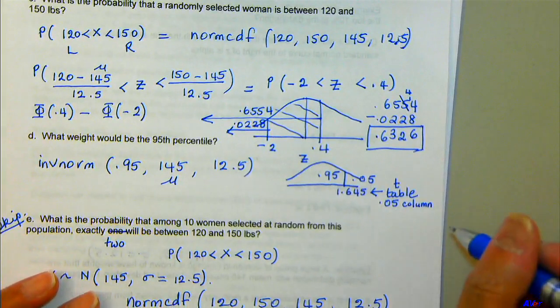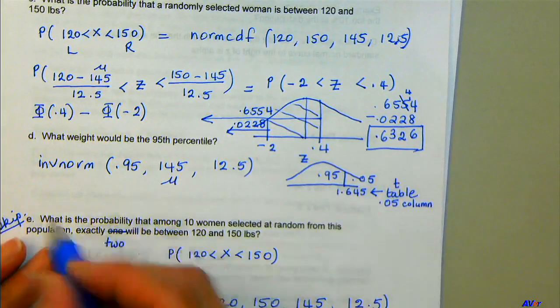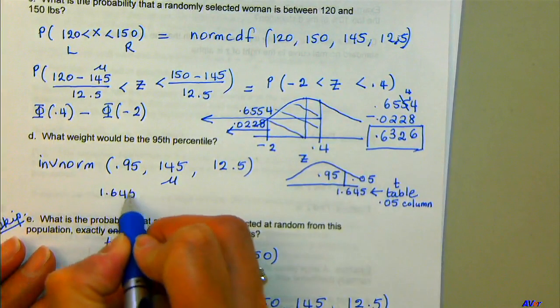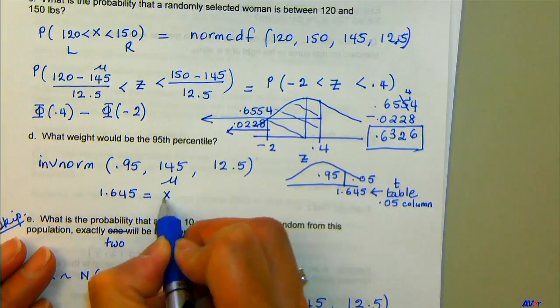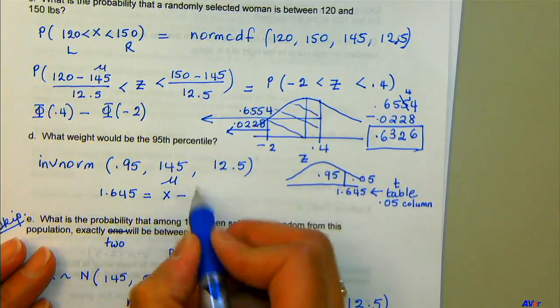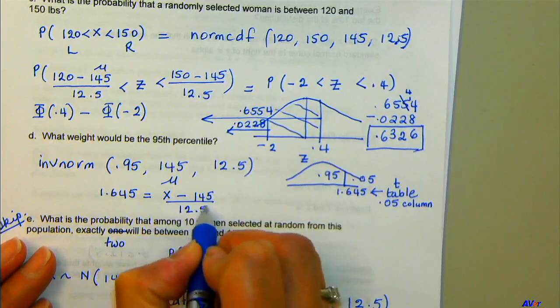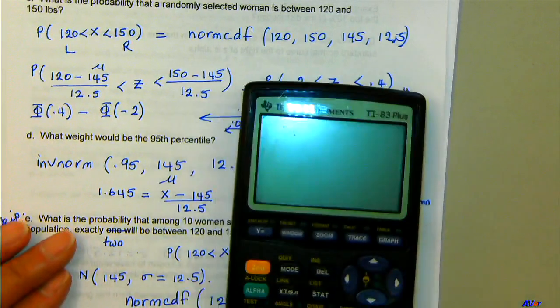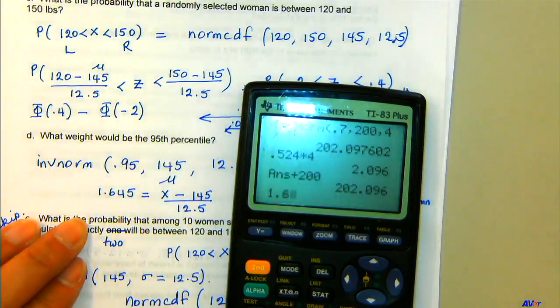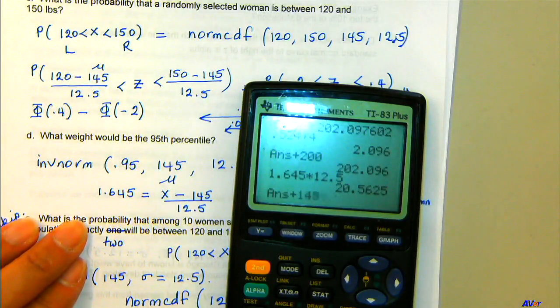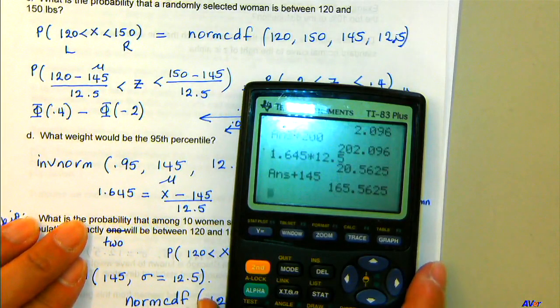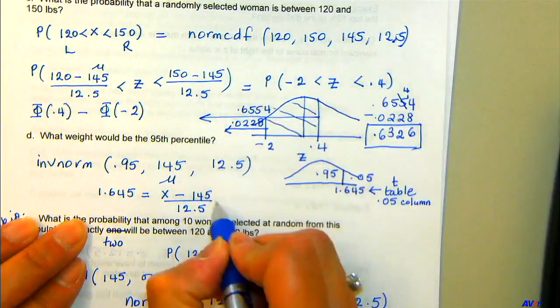And then I still have to find the x that goes with that. So 1.645 equals x, I'm looking for x, minus mu, 145, over sigma, 12.5. So then I clean this up. I get 1.645 times 12.5 plus 145. 165.5625.